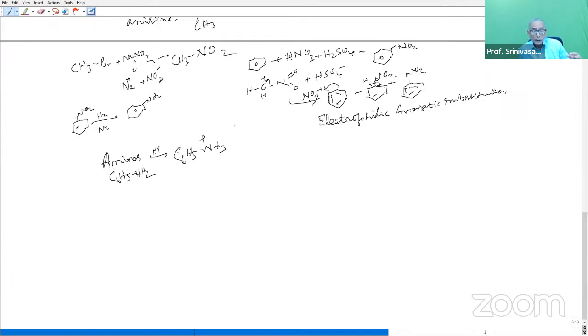Nitrogen atom has a lone pair. The lone pair is a point at which the H plus attaches itself, as I have shown here. Just like carboxylic acids, these amines also exhibit a range of basicities, depending upon the groups attached to the compounds containing the amino group.